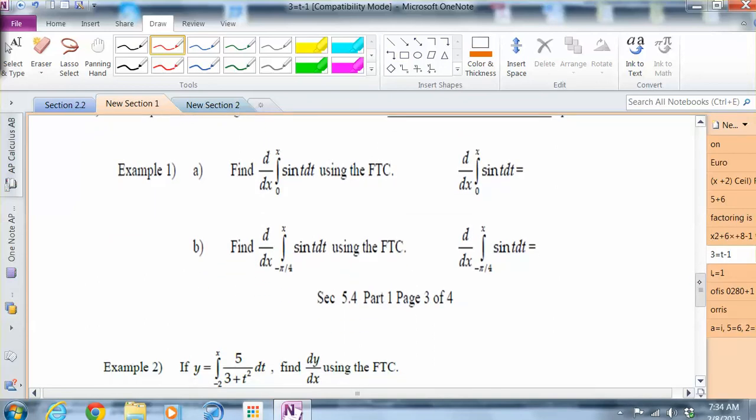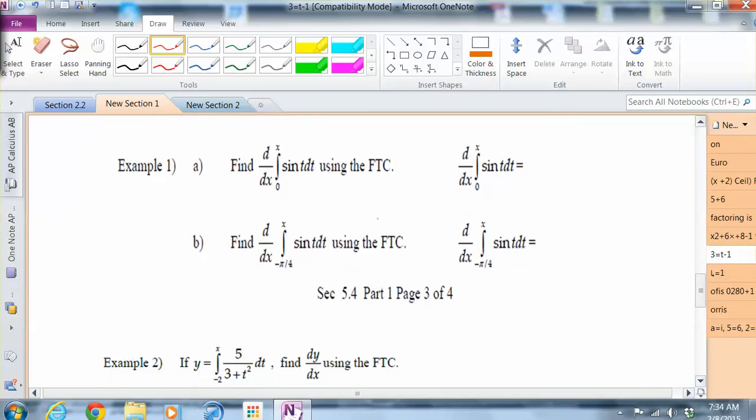Now, something to keep in mind when you're doing these problems is that it doesn't matter what the lower limit is, just as long as it's a constant.